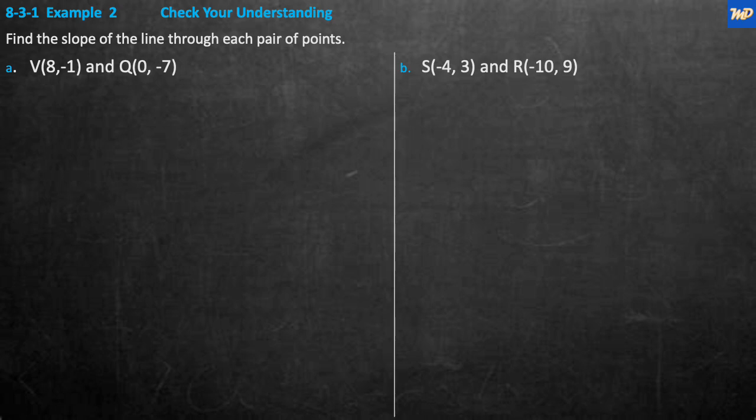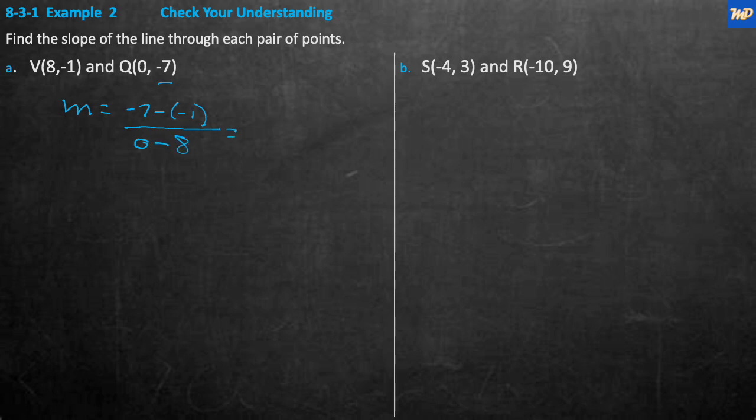We're going to write m for the slope is equal to the ending value, so it's minus 7, minus a minus 1, over 0, the ending x value, minus 8.